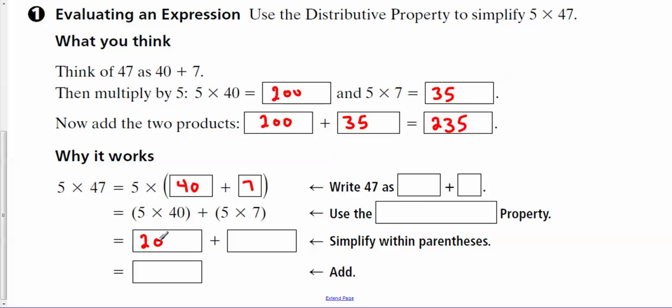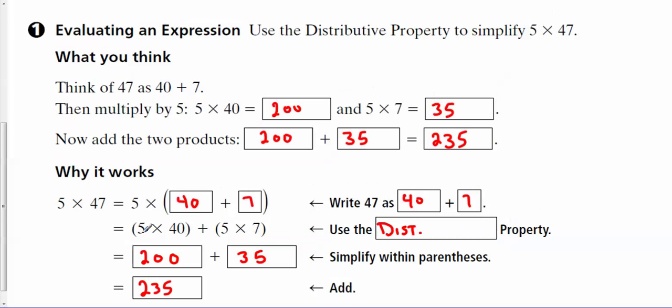So all we're doing here is we're just rewriting the work as we did. So this 47 is 40 plus 7. Then we use the distributive property. I'll abbreviate. Okay. So then we multiply. 5 times 40 is 200. 5 times 7 is 35. Then we add them to get 235. Okay. Add them together to get 235.